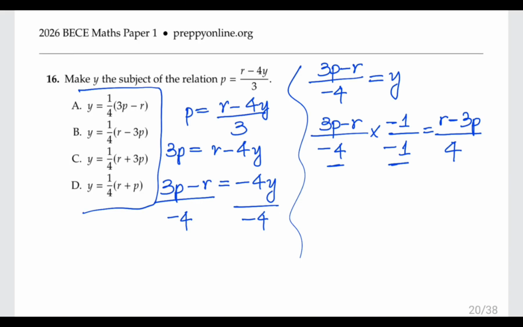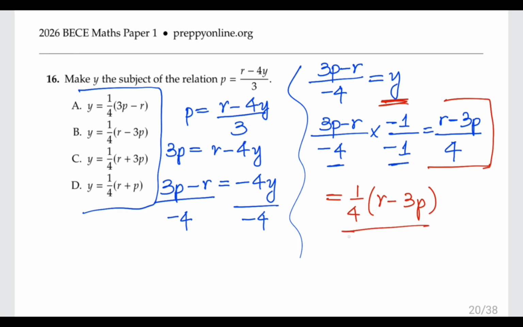Now, this quantity is the same as 1 over 4 into r minus 3p. That means that our y is equal to this quantity. And looking at the answer options, B is the one that fits that.